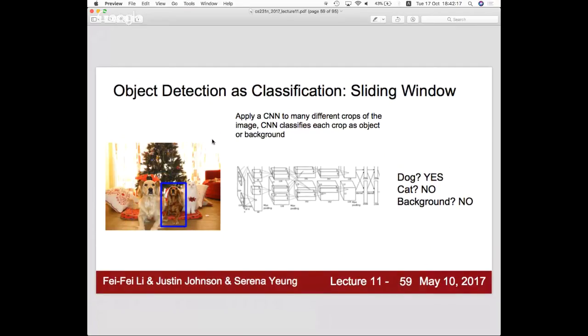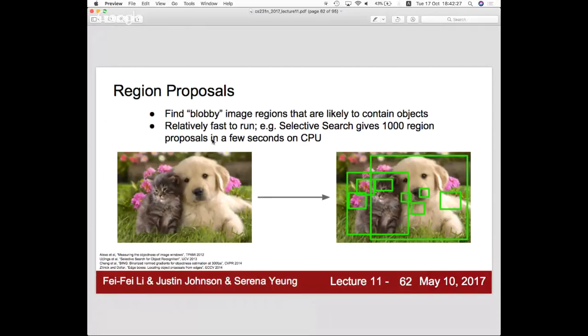Okay, dog, another dog, detected the cat. But anyway, sliding window is tedious. It takes up a lot of computation.